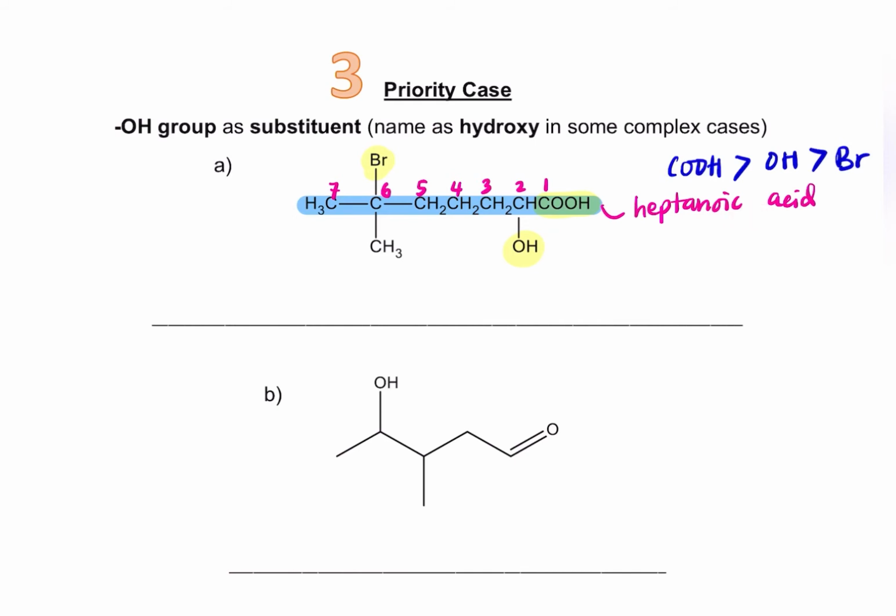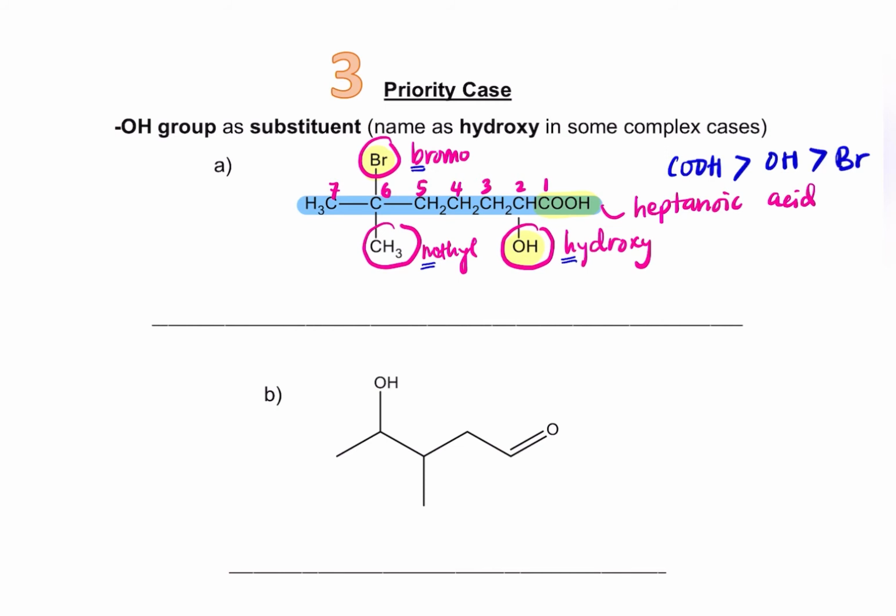And the next one, you've got the rest of the groups attached to the parent chain as substituents. So you've got methyl here, this one as hydroxy, and this one as bromo. When you want to give the naming, I'm going to start by using alphabetical order. So in this case, I'm going to start from B, followed by H, followed by M. So bromo is at carbon number 6.